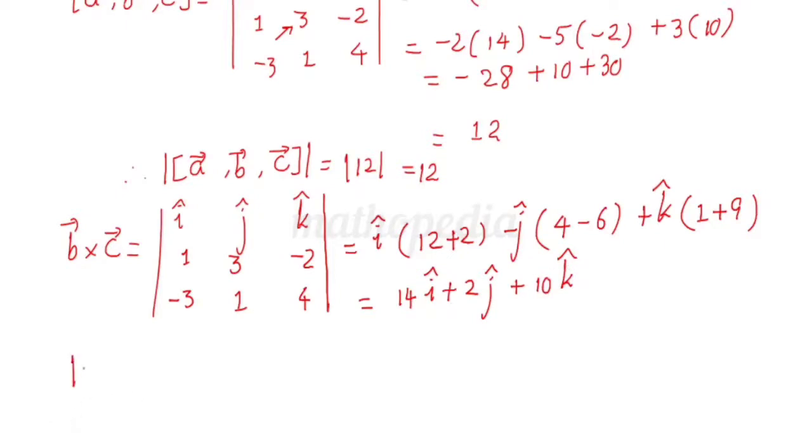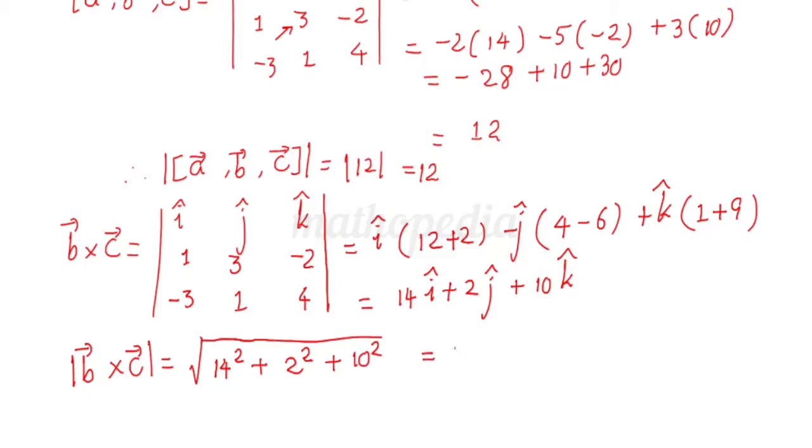Therefore, the modulus of b vector cross c vector is equal to the square root of the coefficient of i, 14 squared, plus the coefficient of j, 2 squared, plus the coefficient of k, 10 squared.